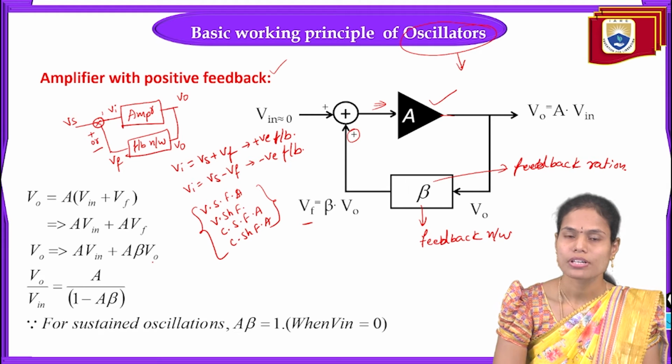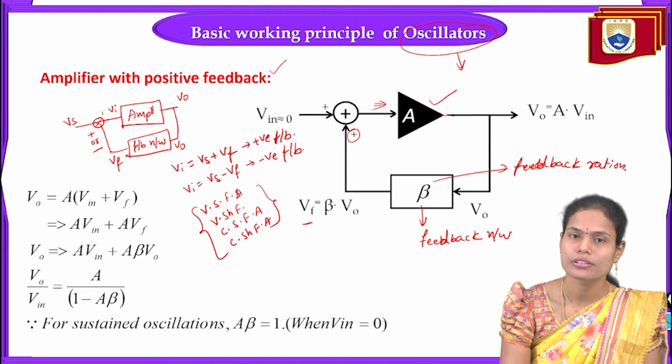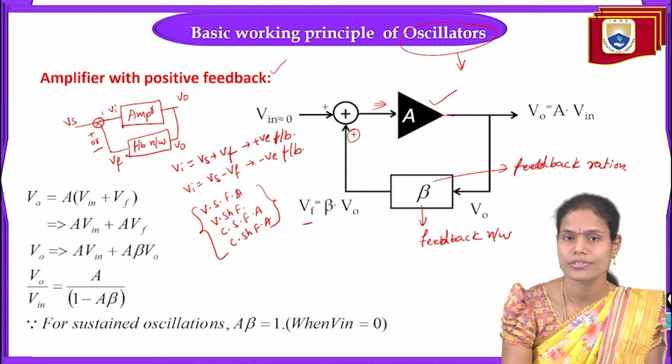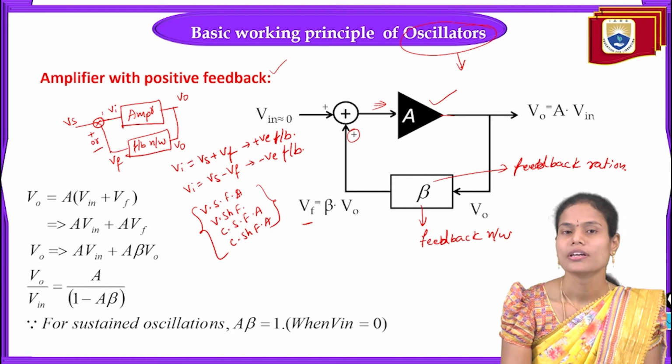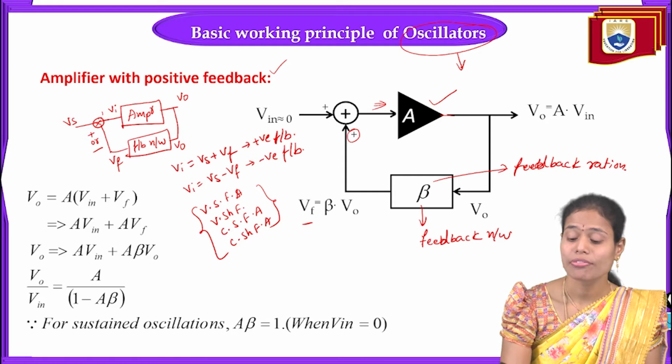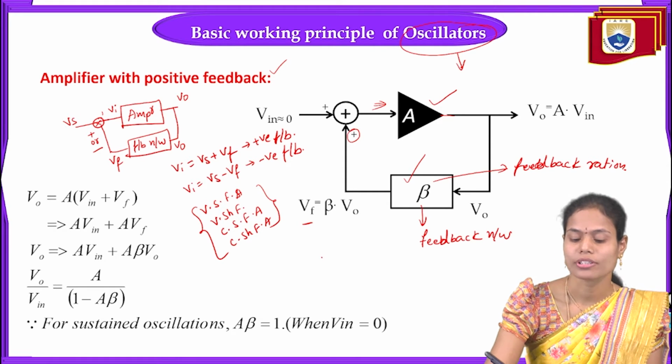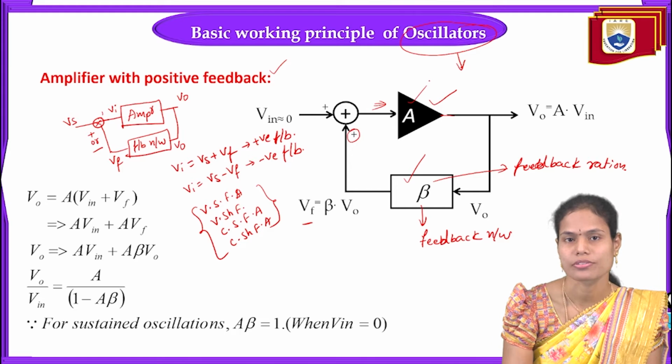So the basic function of the oscillator is to generate waveforms, that may be sinusoidal or non-sinusoidal waveforms. We can generate any kind of sinusoidal, cosinusoidal, triangular, pulse, square wave, etc. Different types of signals we can generate from the oscillator if we design different feedback networks and utilize different amplifier circuits.